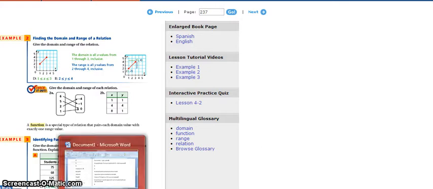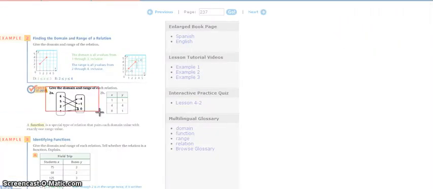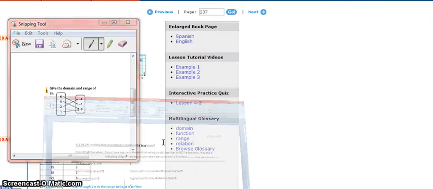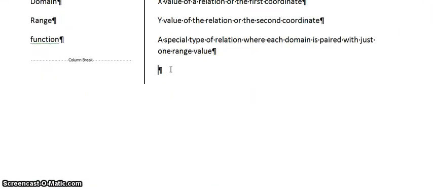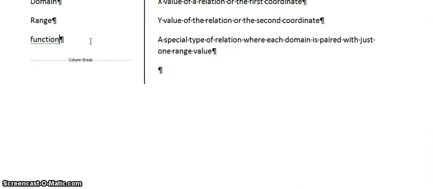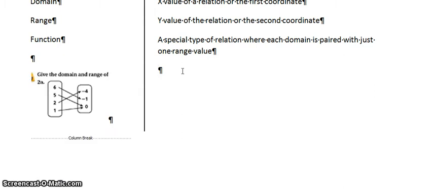So let's put that in our notes. I'm going to put a picture of this right here in our notes, so you want to draw it. And I'm just going to cut and paste. Here we go. And if I gave the domain and range of this, the domain, remember we use our little bracket symbols, would be 6, 5, 2, 1.